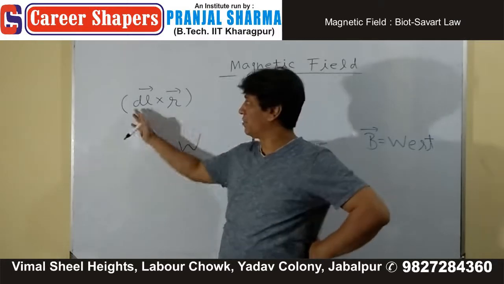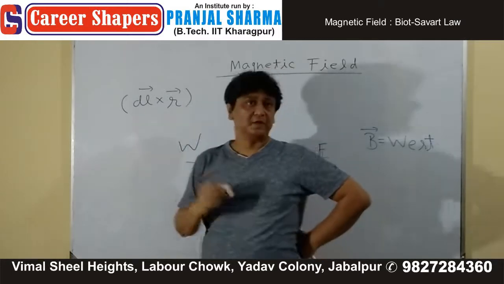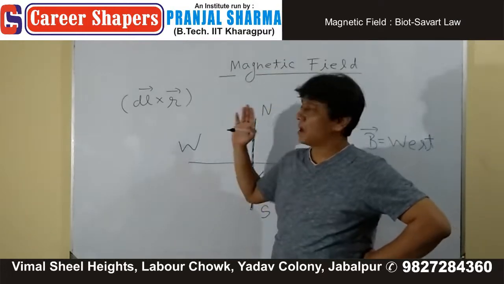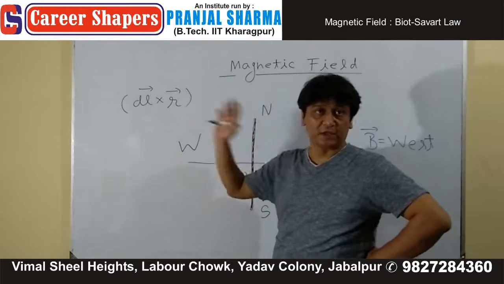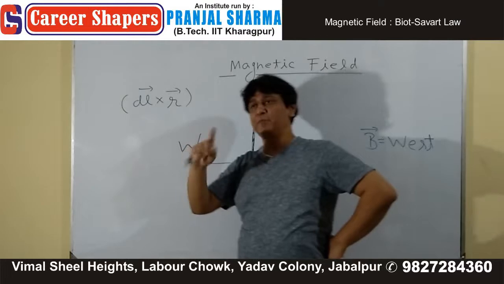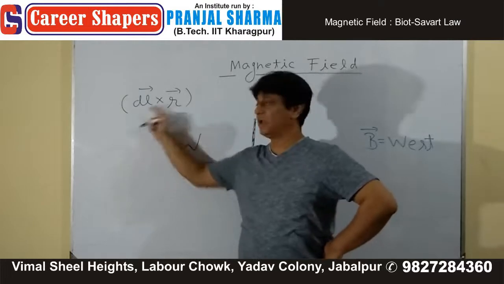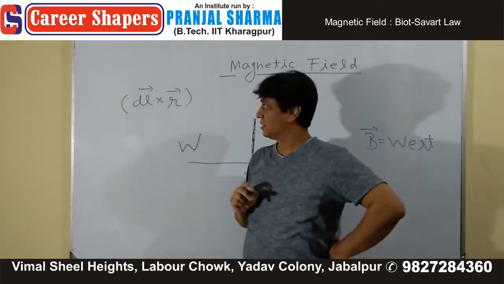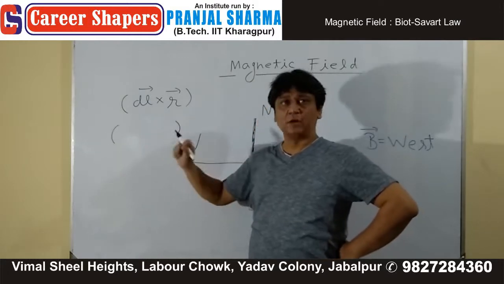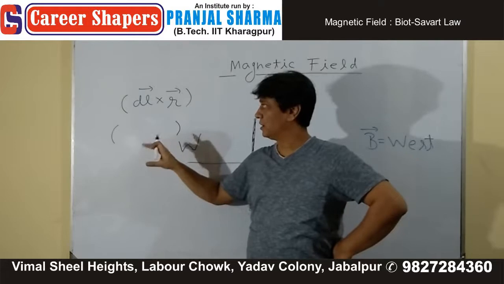Direction is coming from dl cross r. This is the second method, if you are comfortable with cross product. See how easy it becomes to answer these things. Look here. So direction of magnetic field can be decided with the help of dl cross r. We are interested only in the direction part.